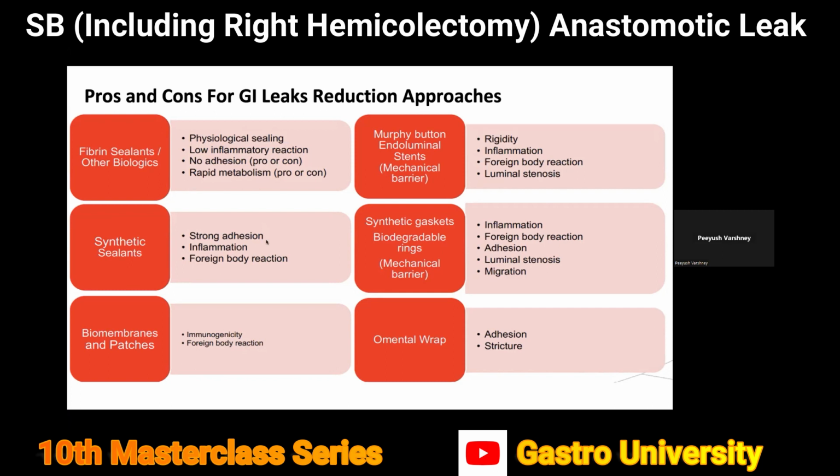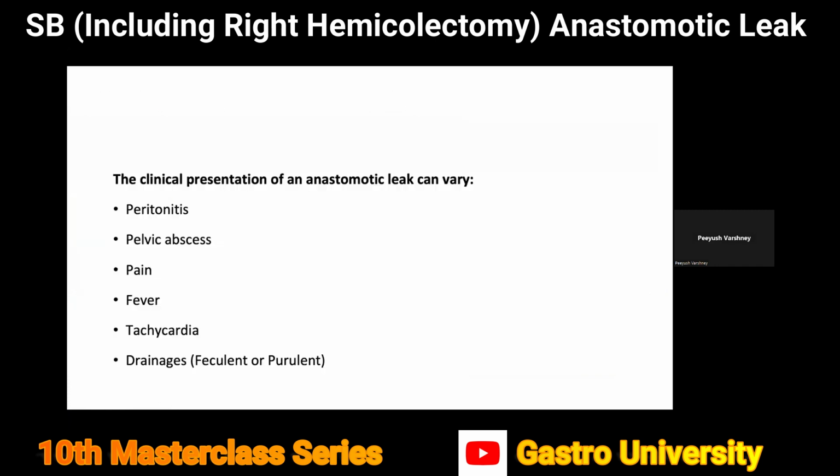Certain Murphy buttons or endoluminal stents can create rigidity and foreign body reactions and also lead to luminal stenosis. Similarly, omental wrap can also lead to adhesions and strictures, which can lead to post-operative obstruction. So all these strategies are there to reduce the anastomotic leak, but despite all these strategies, the anastomotic leak will happen and has to be managed very carefully.